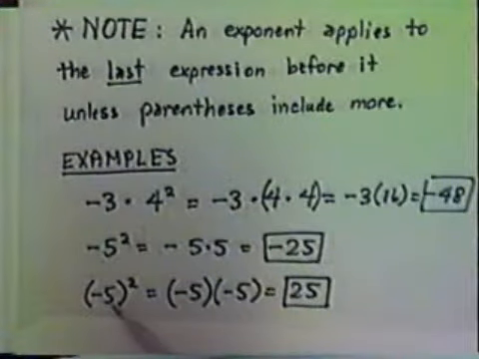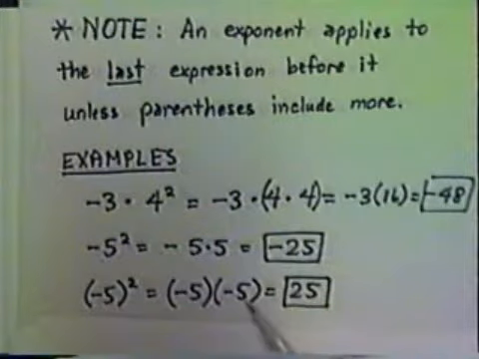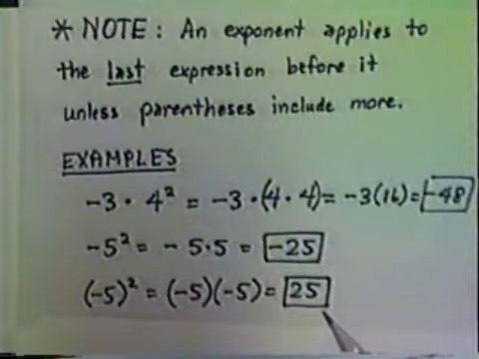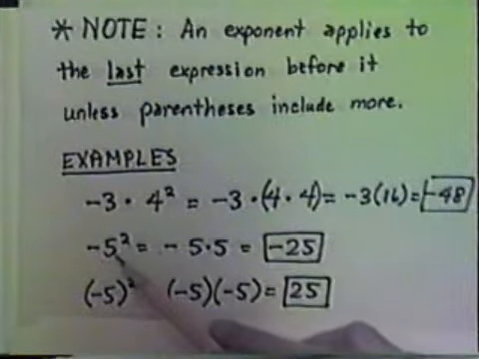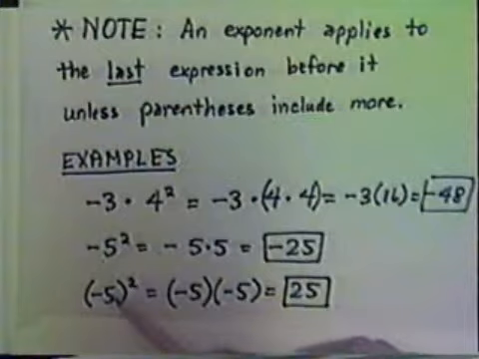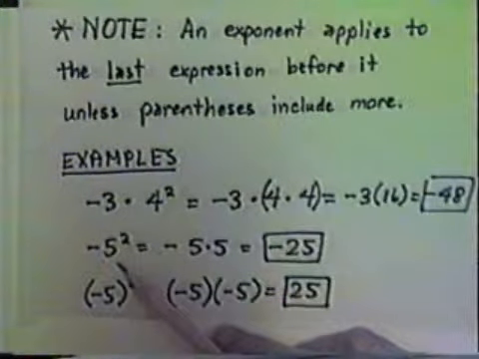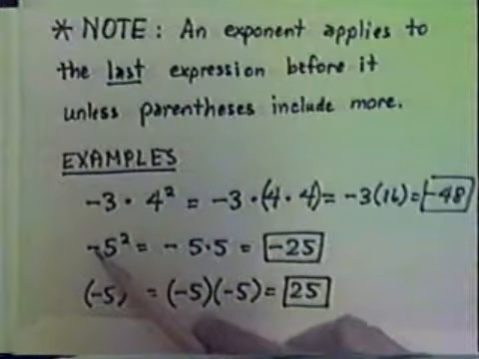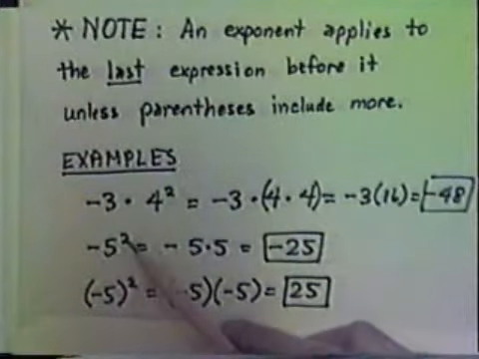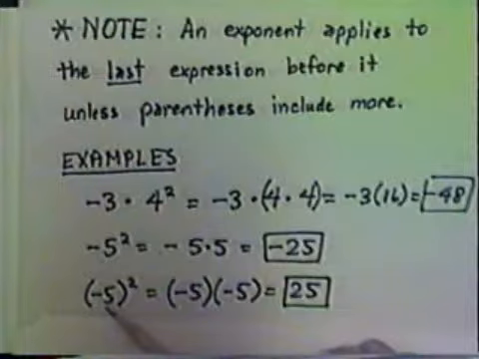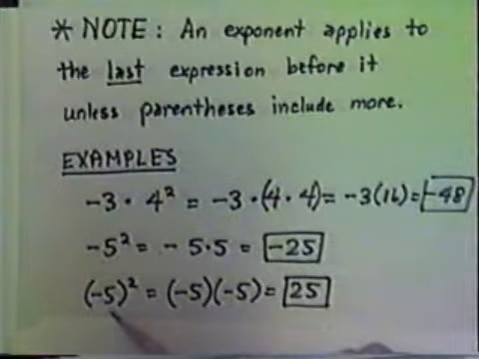So, negative 5 squared is negative 5 times negative 5, which is positive 25. Notice very carefully the difference between these two examples. Many people have trouble with this. Don't let yourself be among them. This says take the opposite of 5 squared. The example below it says take the square of negative 5.